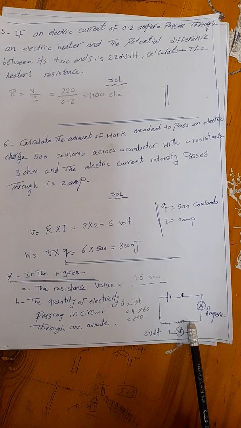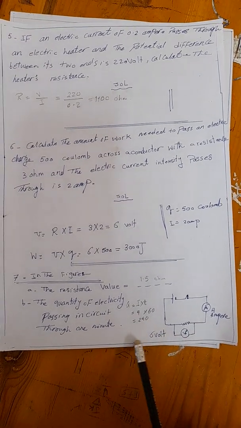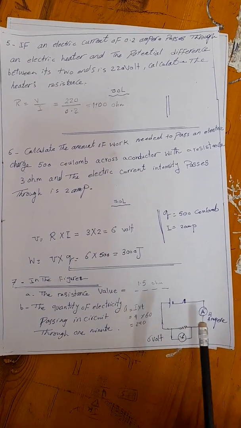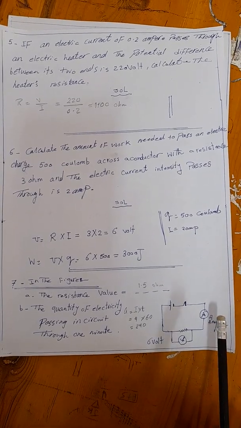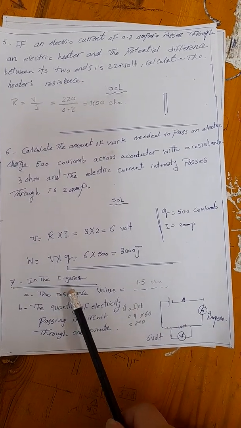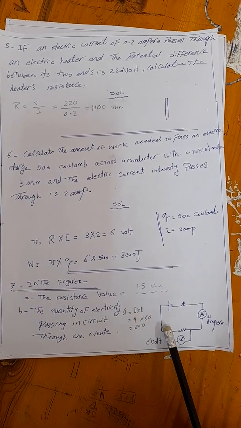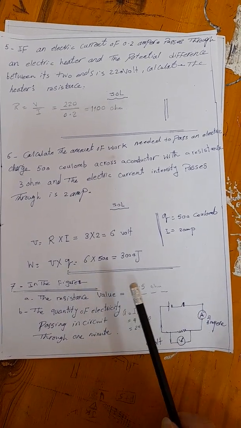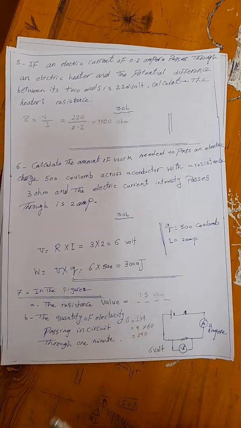From the figure, the potential difference V equals 6 volt and the current intensity equals 4 ampere. So the resistance R equals 6 over 4 equals 1.5 ohm.